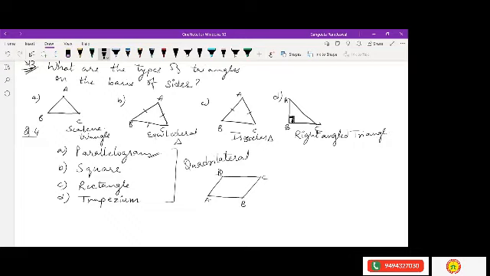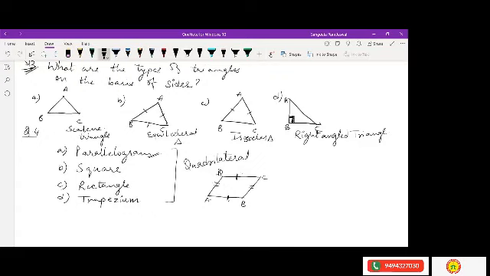Now, in this parallelogram, opposite sides are always equal. This side will be equal to this side, and this side will be equal to this side. These are the opposite sides which are facing each other, and this is another set of opposite sides facing each other. So opposite sides are always equal in a parallelogram.